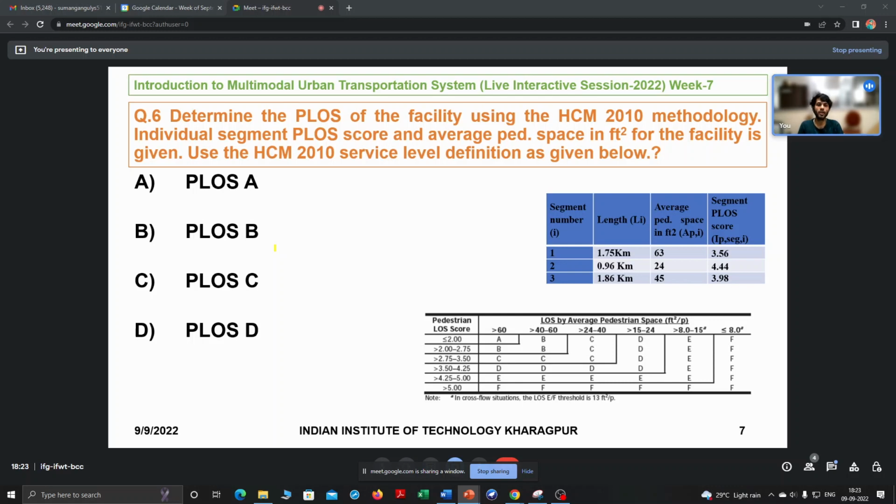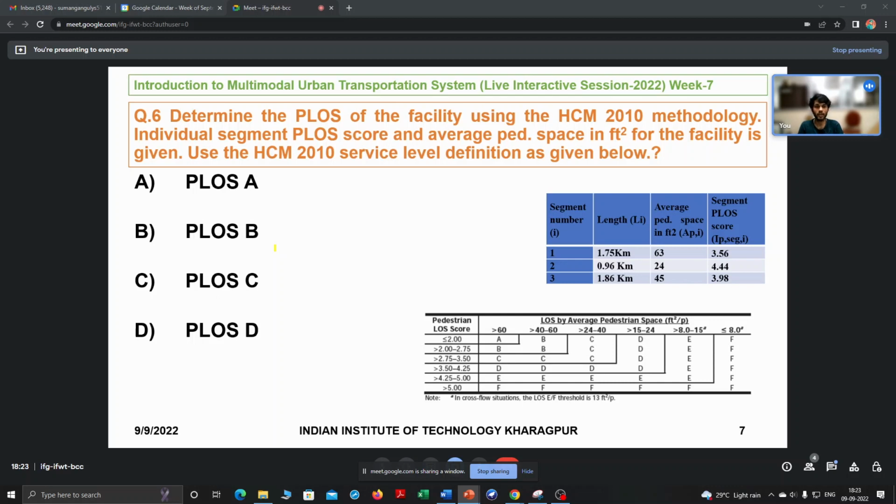So you don't need to calculate the segment LOS score using that complicated formula because it's already given. And also you don't need to calculate the average pedestrian space, although it is very straightforward to calculate, but here it is given. So now you need to calculate what is the LOS of the facility, right?